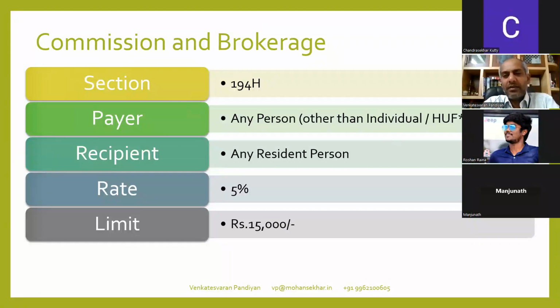Limit again is 15,000 rupees. So as I told you in my first session, always remember TDS in these parameters. Section, who should be the payer, who should be the recipient, what is the rate, and if there is a limit. Because the entire applicability, limit and rate depends on these parameters. So in this case of commission, it is 5% on any payment exceeding rupees 15,000 in a year.